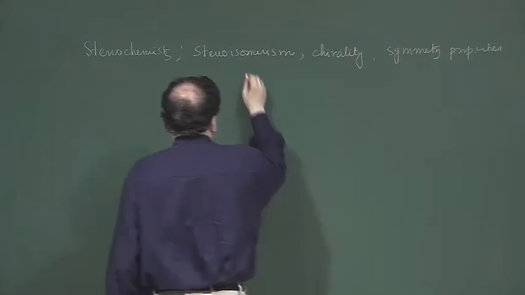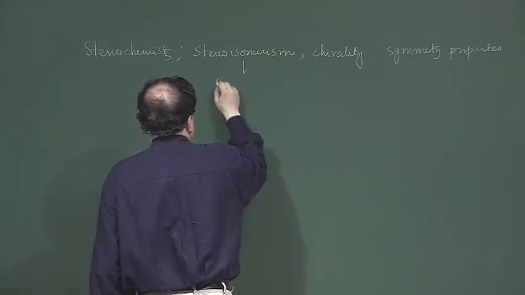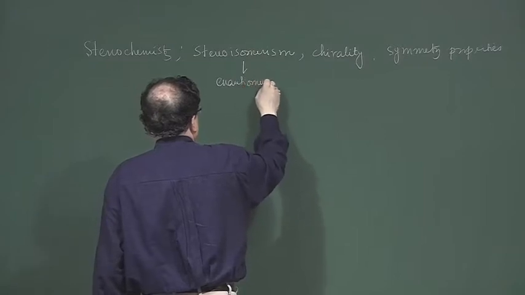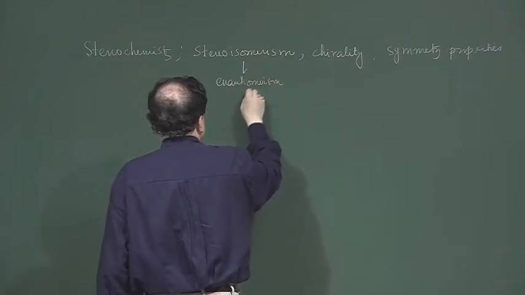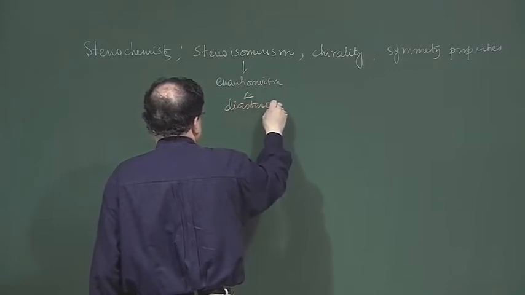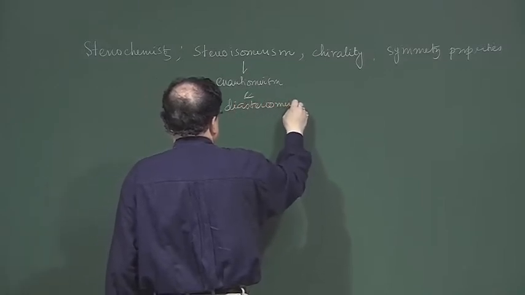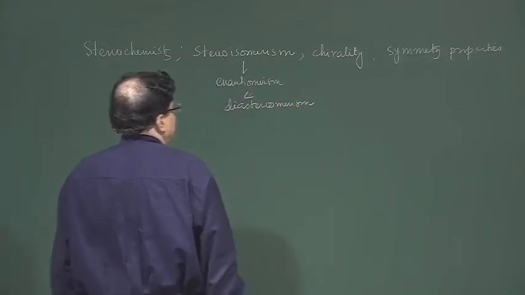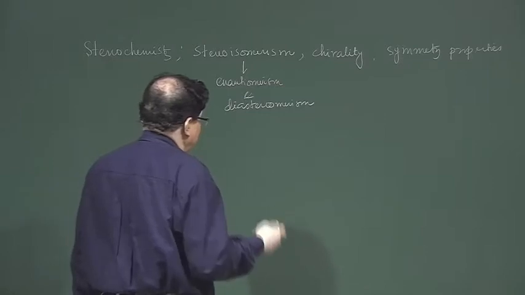under stereoisomerism we have divided into, we have shown what are enantiomerism and diastereomerism. Okay, so that was the initial few days, symmetry properties.